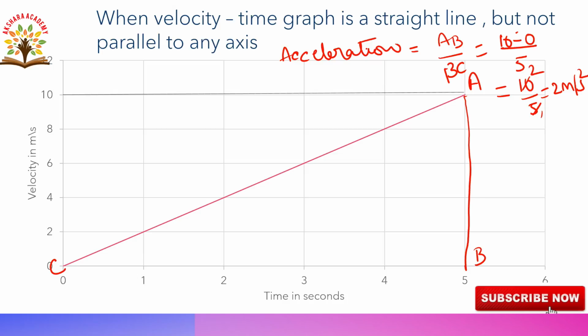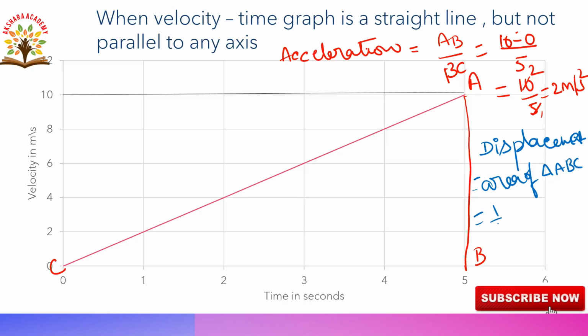Next we are calculating distance covered in a specified direction, or displacement. Displacement is equal to the area of triangle ABC.